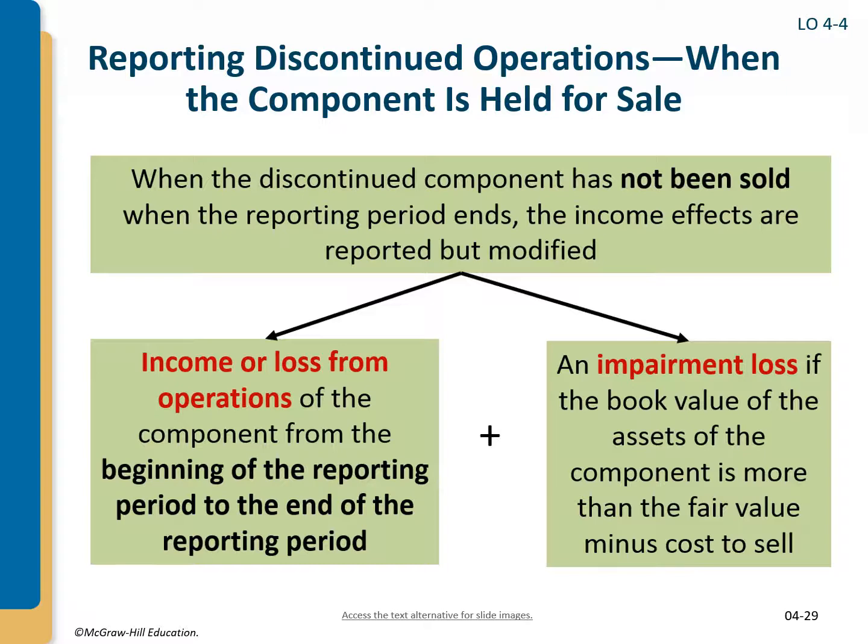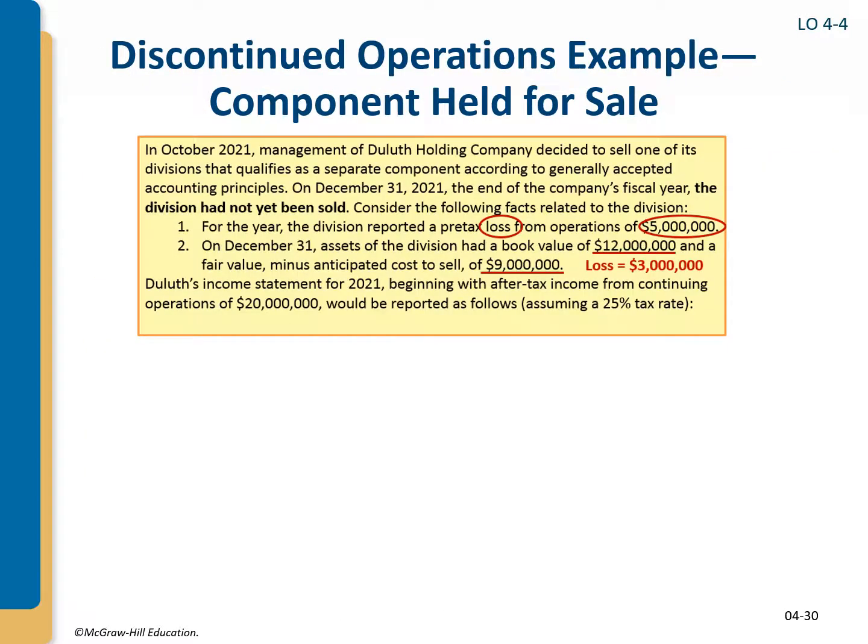When the discontinued component has not been sold by the end of the reporting year, income or loss from the operations must be reported from the beginning of the year to the end of the year. And if necessary, an impairment loss has to be reported. When? If the book value of the assets is more than the fair value of the assets. Take a look. In October, Duluth is selling this division again.